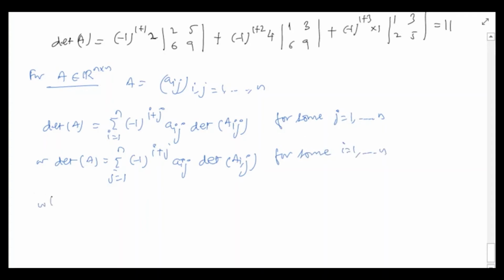Let me write here where Aij is a submatrix of A. It has dimension n minus 1 cross n minus 1.